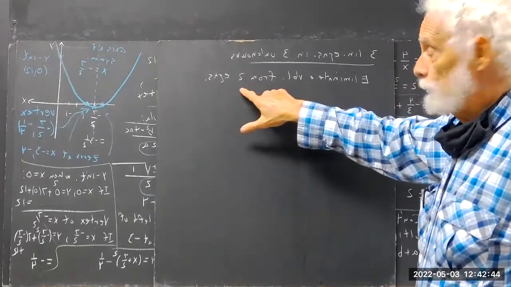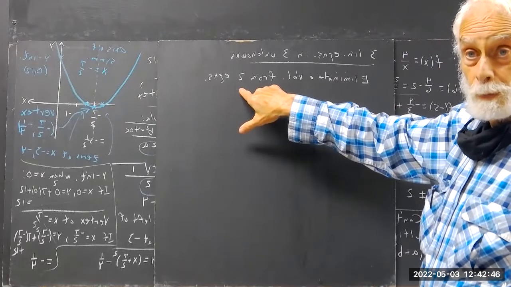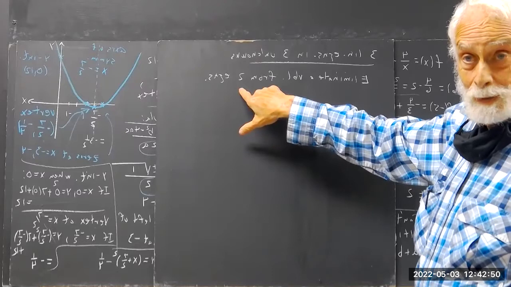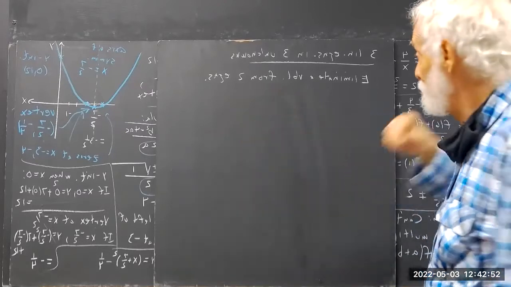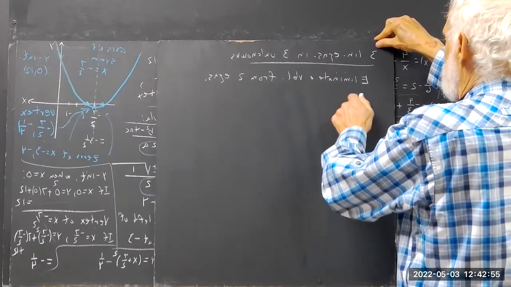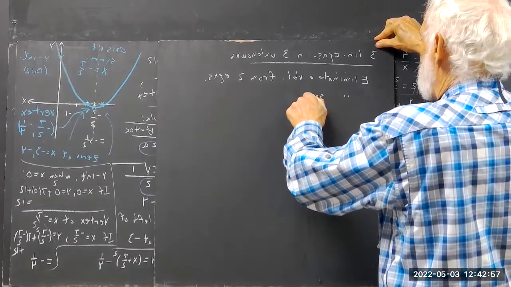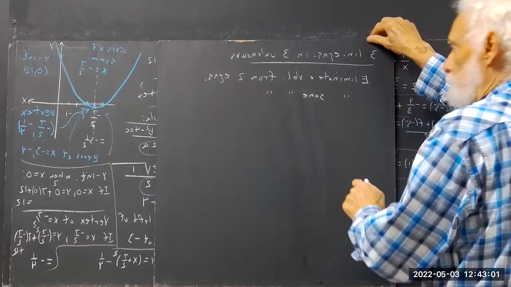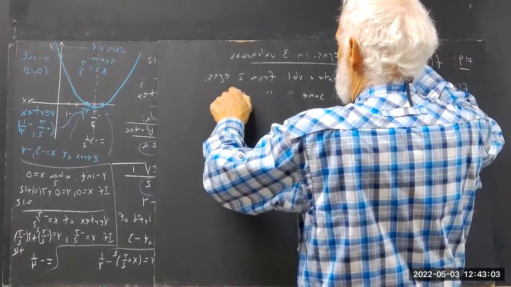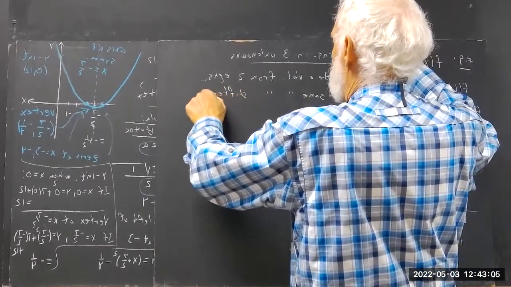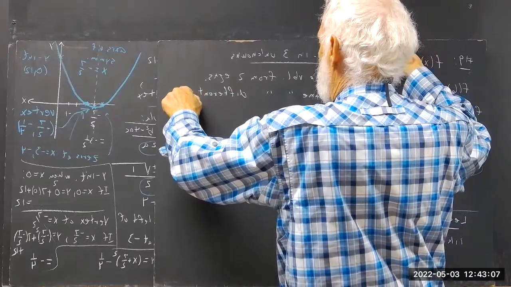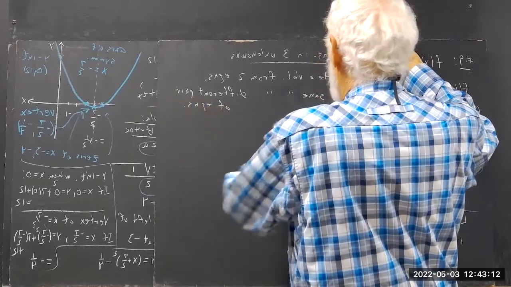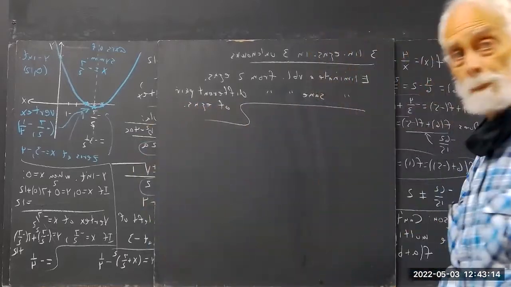Okay. So the process is eliminate a variable from 2 of the equations. You can pick on any variable you want to, x, y, or z, okay? And then eliminate the same variable from a different pair. Okay?